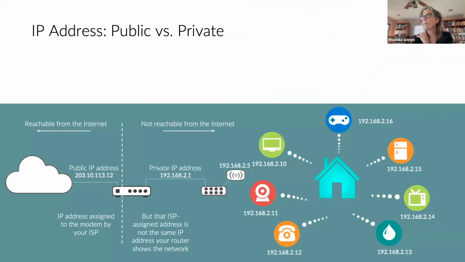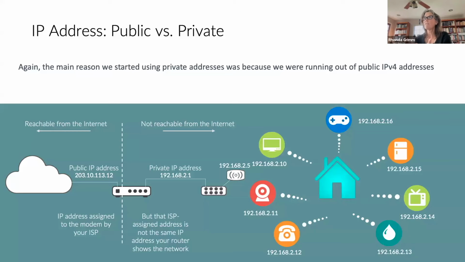So why? Well, again, part of it was we were running out of IPv4 addresses. So we had to have a way, with all the devices people were starting to accumulate in their homes and offices. It's like, okay, we're going to put a public facing IP address on the router that's issued from the ISP, but then we're going to translate that into a private IP address that only we can see.